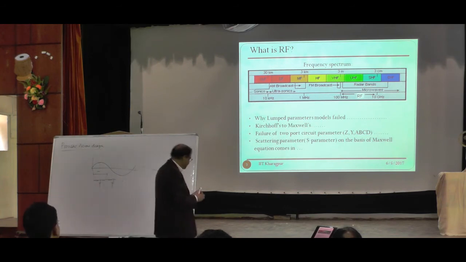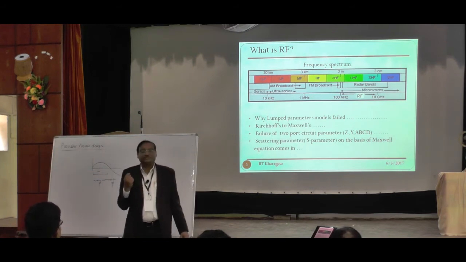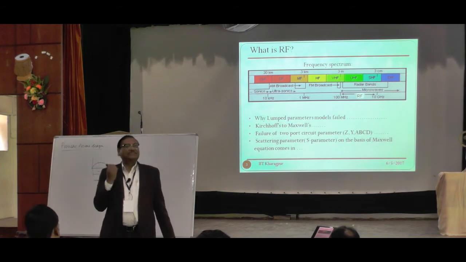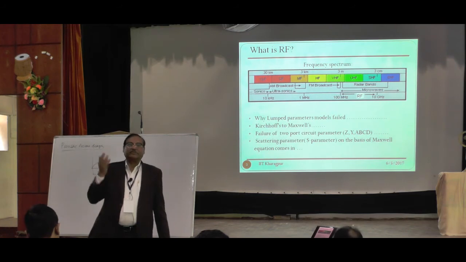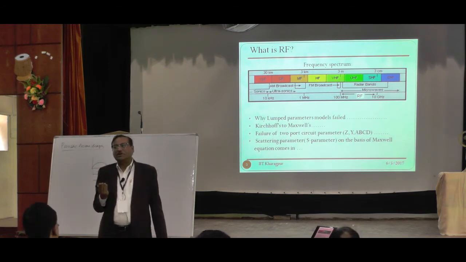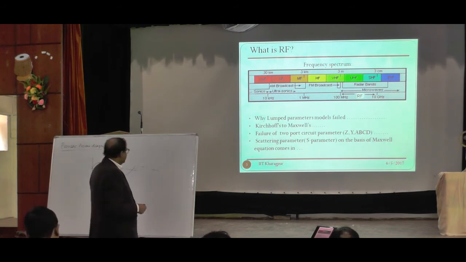So those models are used. And most important, the third one: all your impedance Z parameters, two-port, four-port networks, ABCD parameters, Z and Y, are not going to work in RF design at high frequency. What you have to do? You have to go for scattering parameters, or S-parameters.